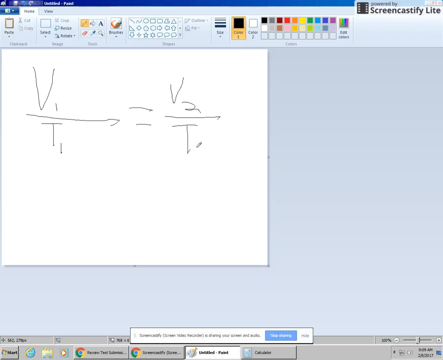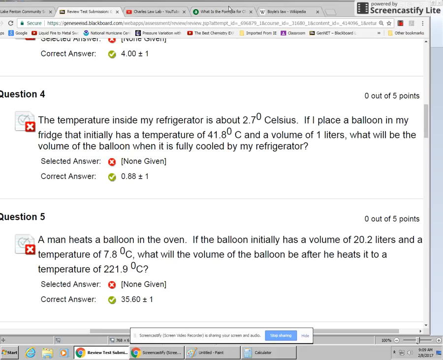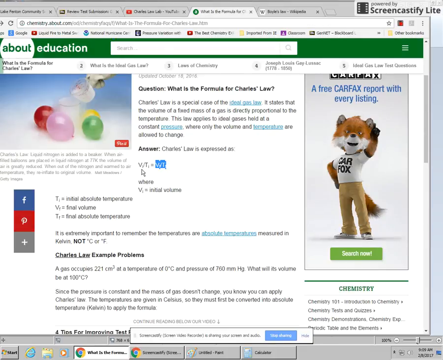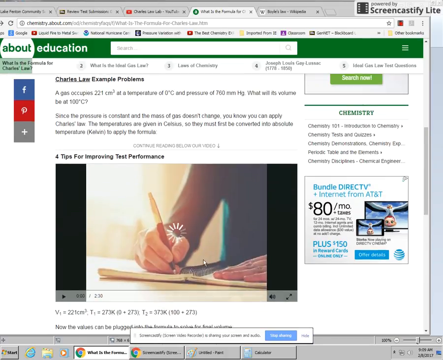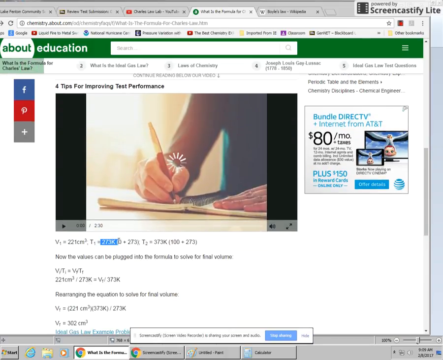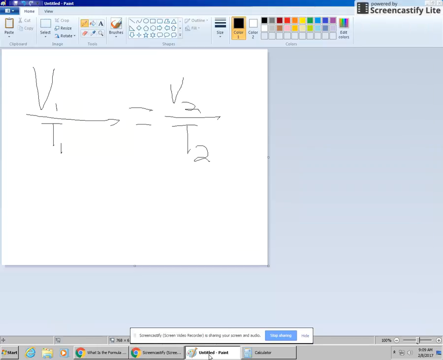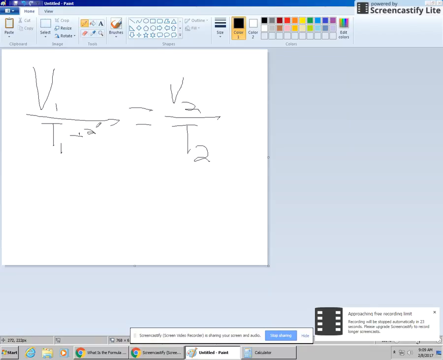So when we're looking at this, V1 divided by T1 equals V2 divided by T2. But you actually have to add 273. So in here, T1 plus 273.